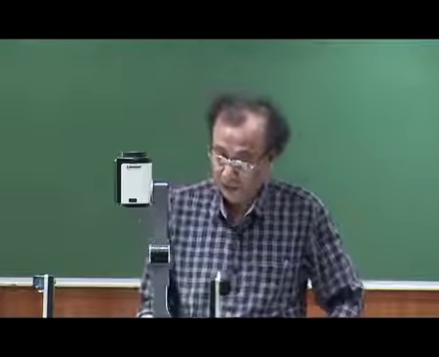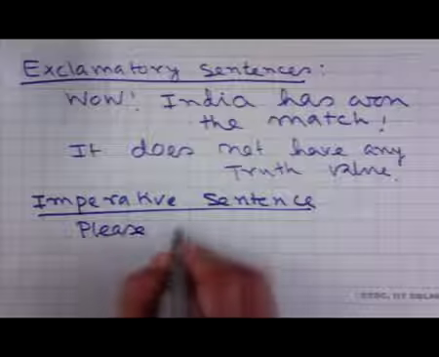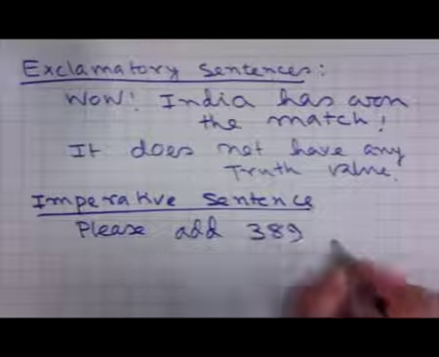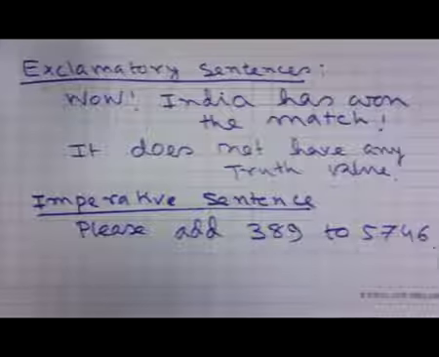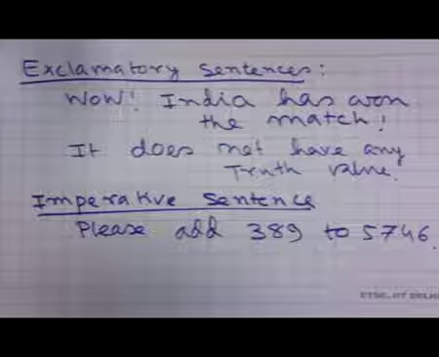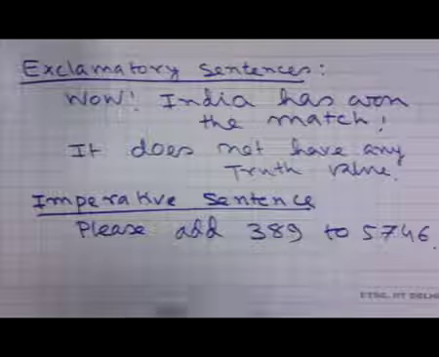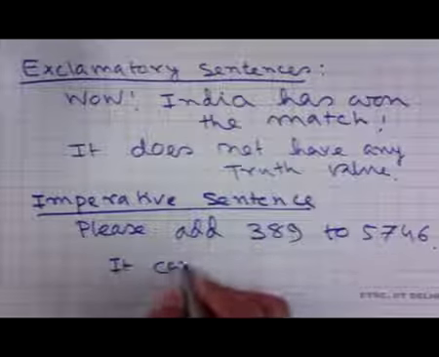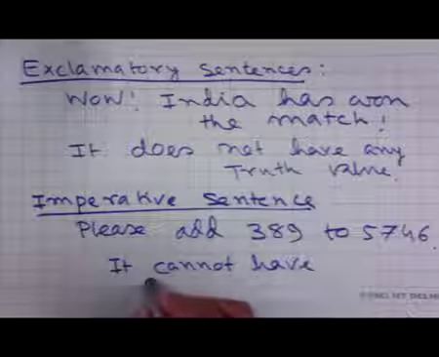Say for example, please add 389 to 5746. So, you are asking somebody to do the addition and give you the result. It cannot have any truth value.